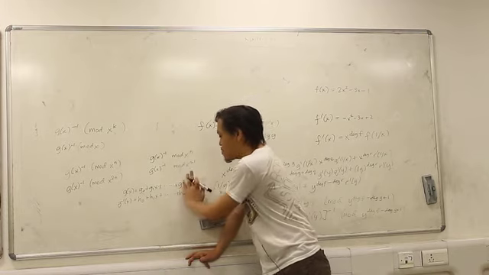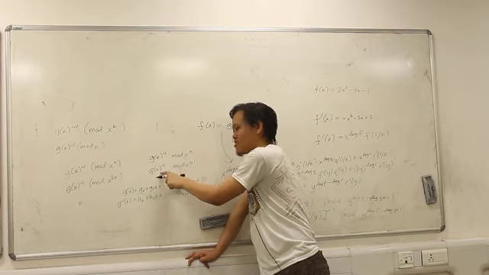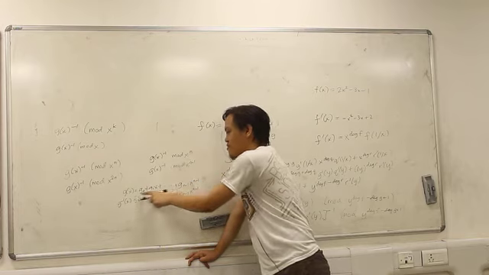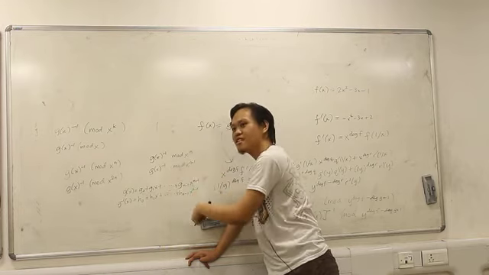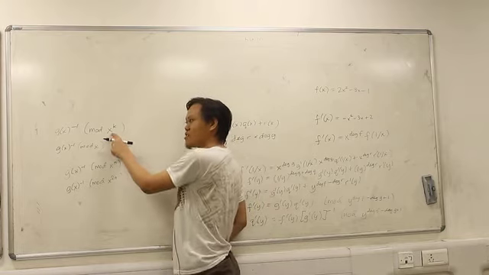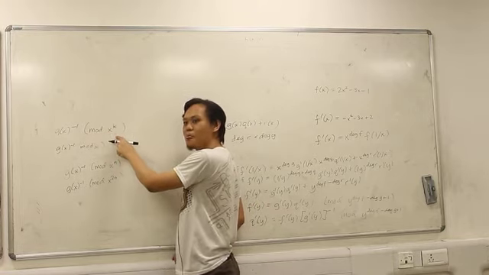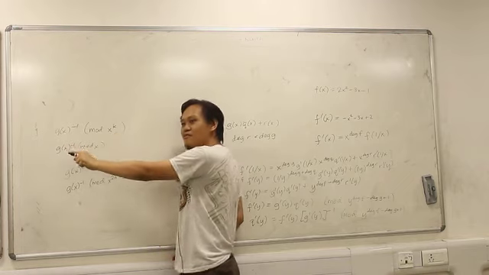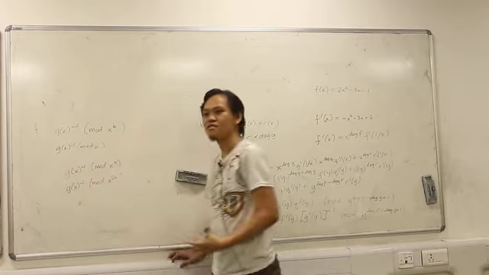But if you reduce them mod x raised to n-1, you'll still get 1. That's why if you reduce g of x mod x^(n-1) first, then you'll get the same inverse. It's the same here. So we're looking for an inverse of g of x mod x raised to k. If you reduce everything mod x, then you'll get the inverse of g of x mod x.